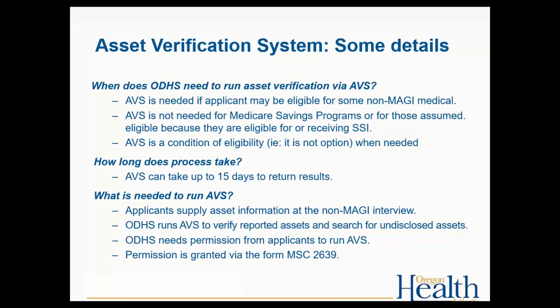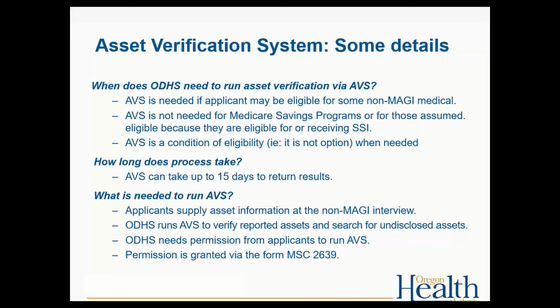And the way the process works is applicants supply asset information during their non-MAGI interview. So if they're eligible or looking to be eligible for non-MAGI programs, then they will have a non-MAGI interview. During that interview, they must supply asset information. And ODHS then runs the asset verification system to verify those reported assets and search for undisclosed ones.